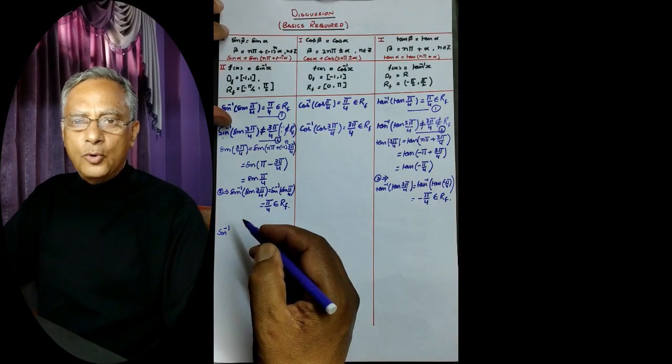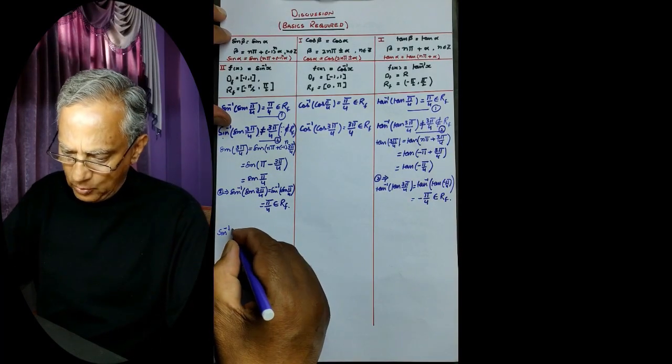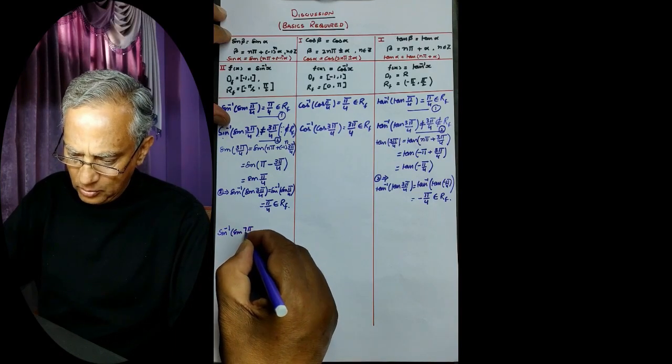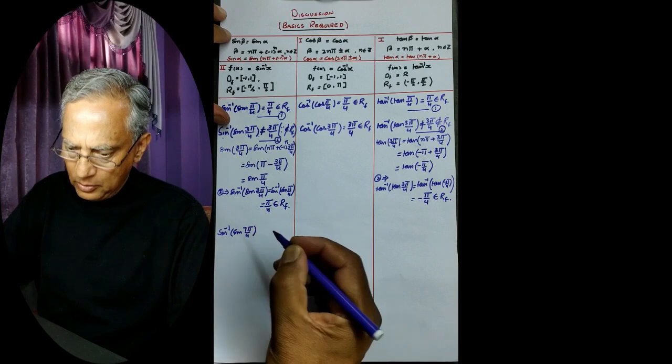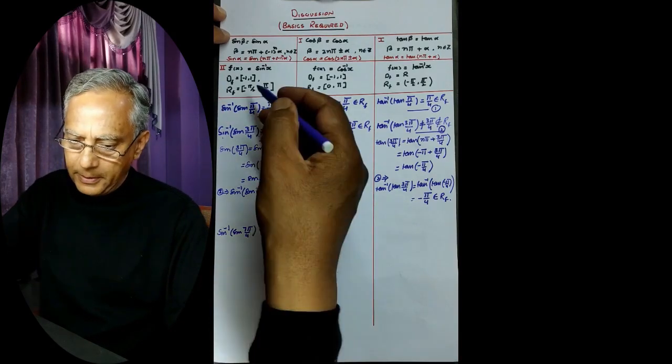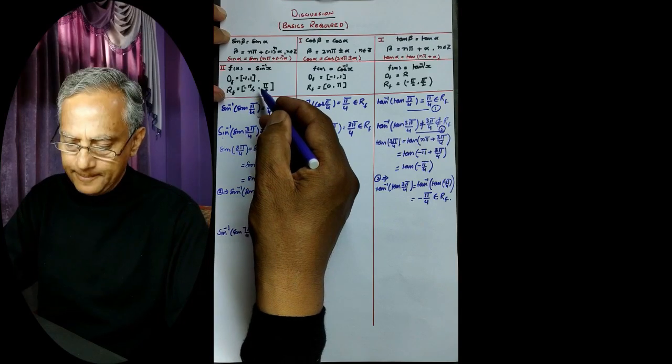One more example I am going to take up, that is sine inverse of sine 7 pi by 4. This is not equal to 7 pi by 4 because 7 pi by 4 does not belong to the range of the function.